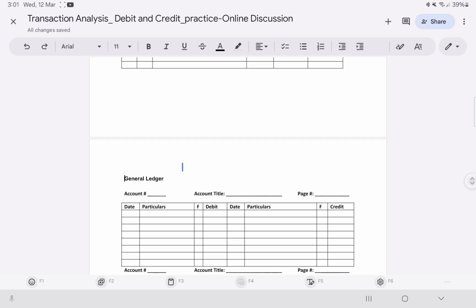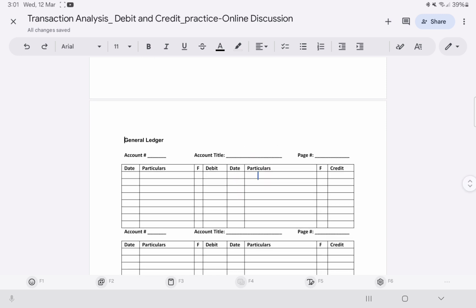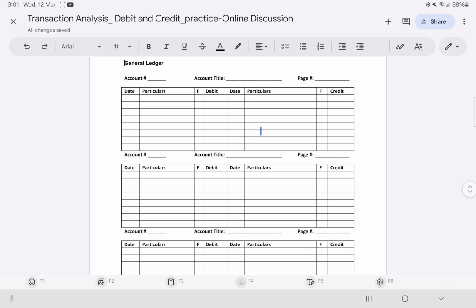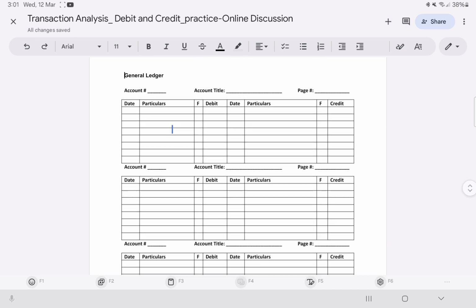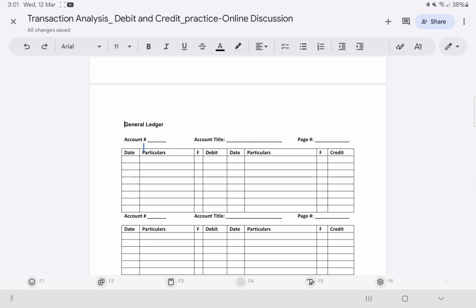Okay, so here is the format of the general ledger. I already created a general ledger format, wherein you can see the account number, the account title, page number, and the date, particulars, the date of the transaction.